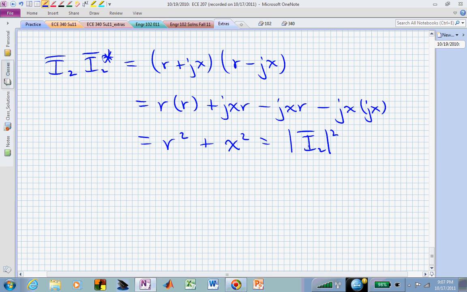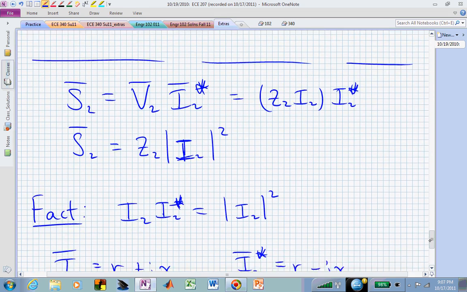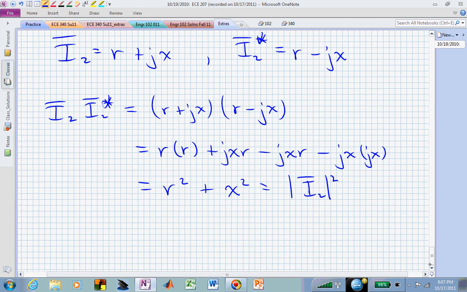And that now allows us to write, if we know the impedance and we know the current of some load, we can now say that the complex power is Z2 times the current squared.